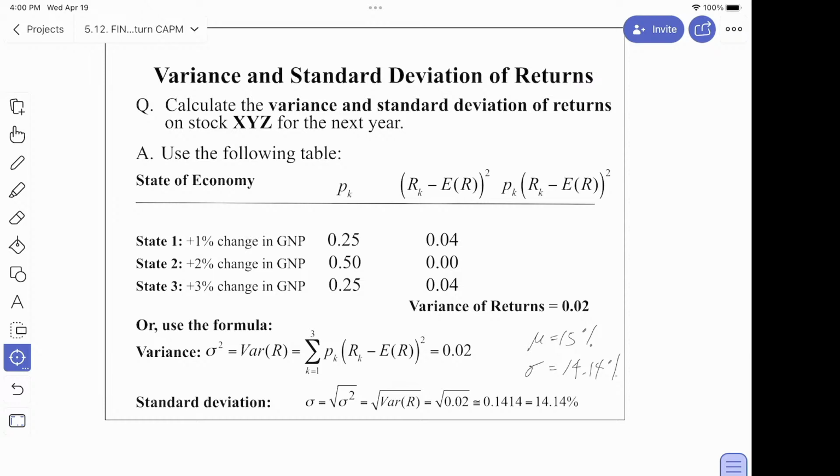So what I've done here, where this expected return is 15%, I end up doing everything in decimals here. So keep clear of that. So I'm going to do everything in decimals. If I take 0.25 minus 0.15, I get 0.1.